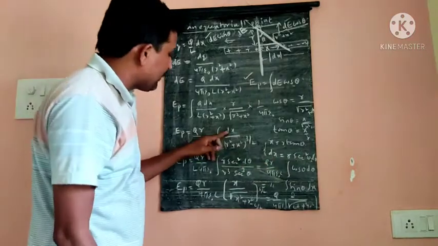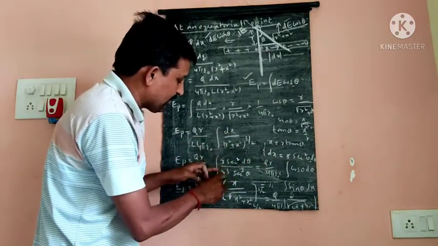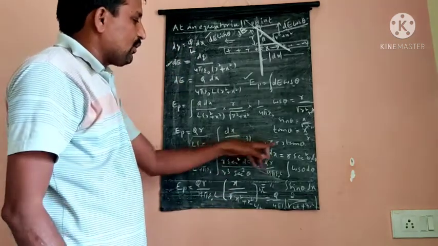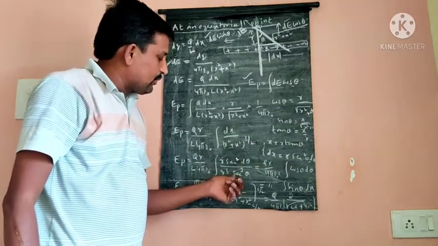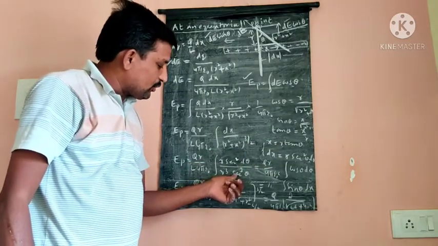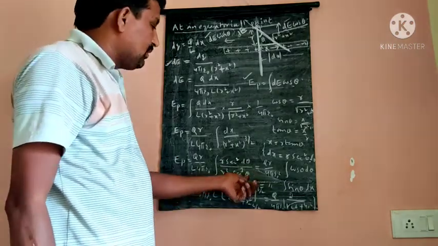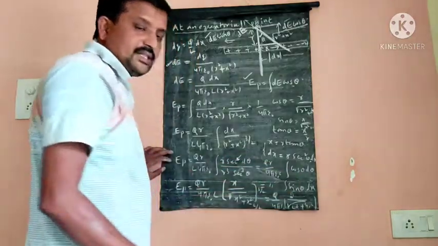Substituting the dx value, r sec square theta d theta, and the denominator becomes r cube sec cube theta. So they cancel, and 1 by sec theta is equal to cos theta d theta.